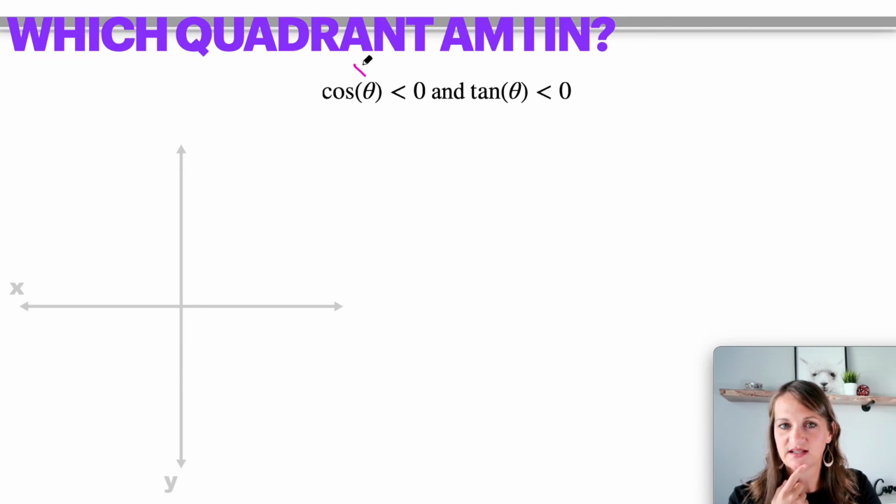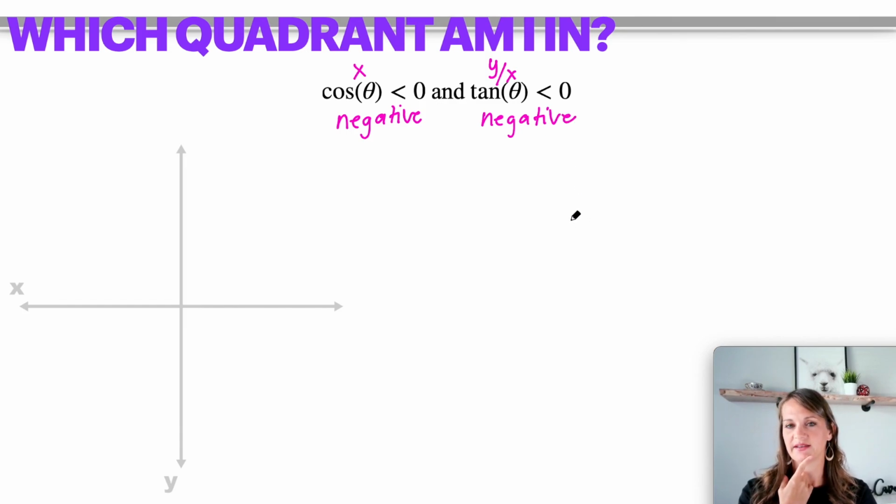All right, cosine is your x values. Tangent is y over x. Cosine is negative. Tangent is negative. We know that the x is negative. So y over negative x.